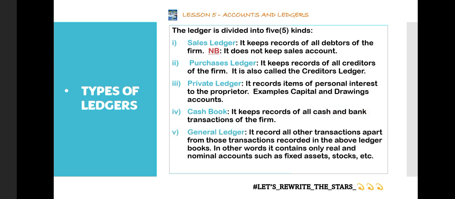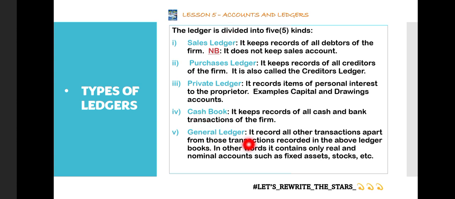And then the last type of ledger is called the general ledger. This type of ledger records all transactions other than the ones recorded in the top four.